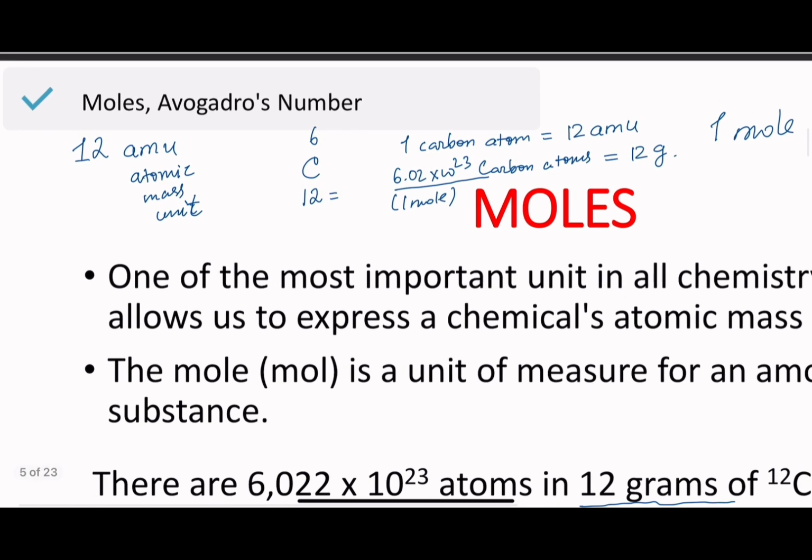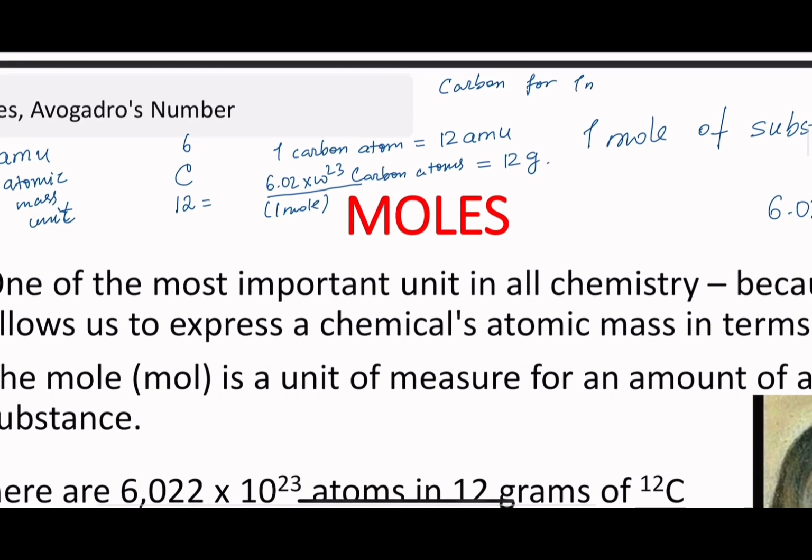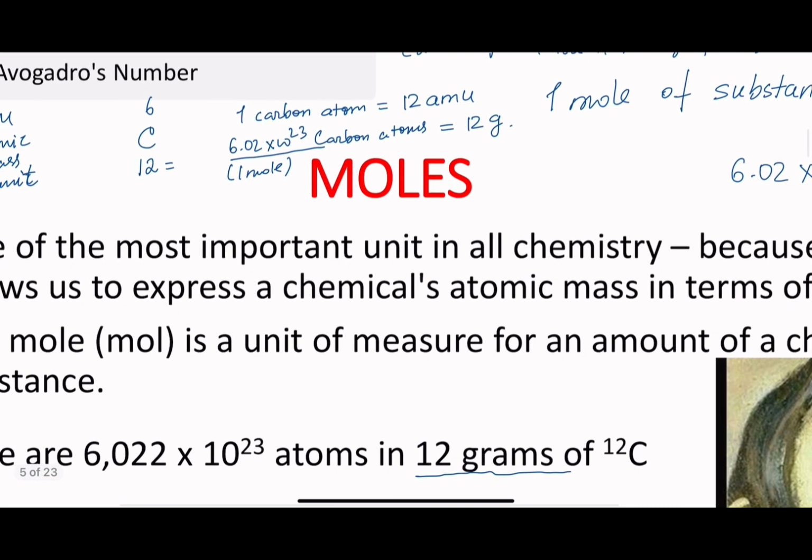And you know this number, I said that it is 1 mole, right? So what does that represent is that 12 carbon, for 1 mole, has 12 gram of mass. That means that 12 gram is molar mass of carbon.